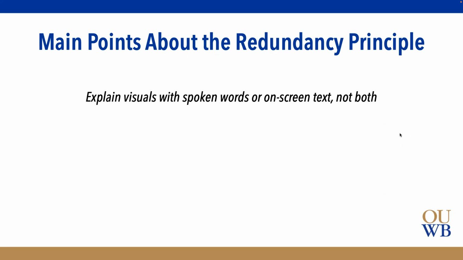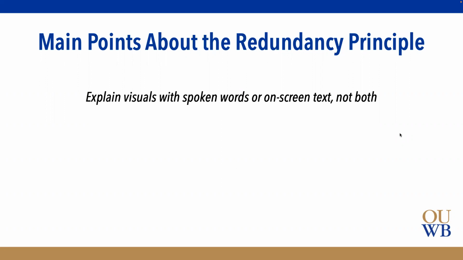The redundancy principle is basically saying that any text that appears on screen, the idea is that students are going to process that on-screen text through the visual cortex, i.e. they are seeing it. And if they're also trying to process the information through an auditory context, so if I'm speaking exactly what is already on the screen, I am sharing the exact same information through both channels.